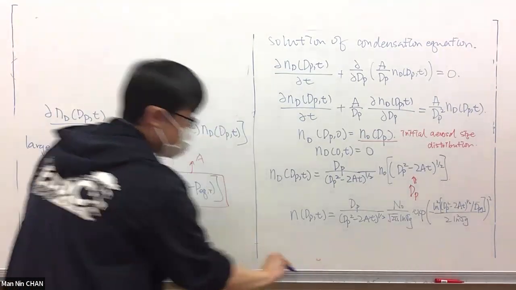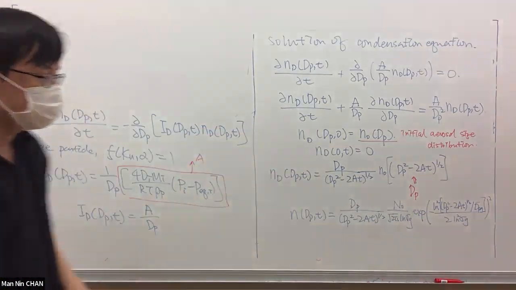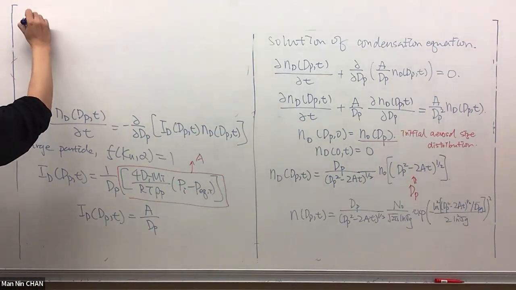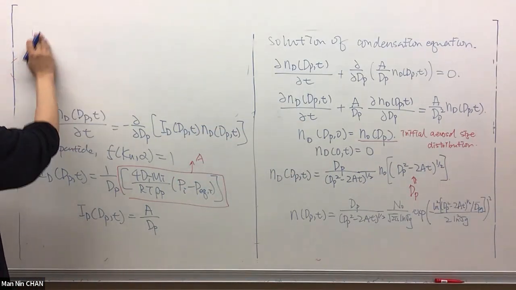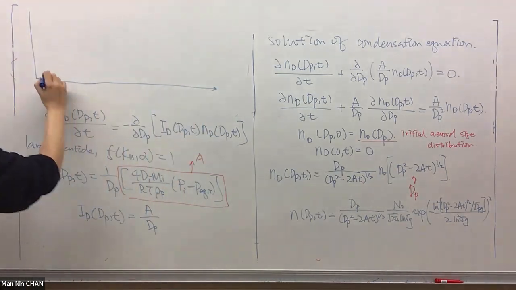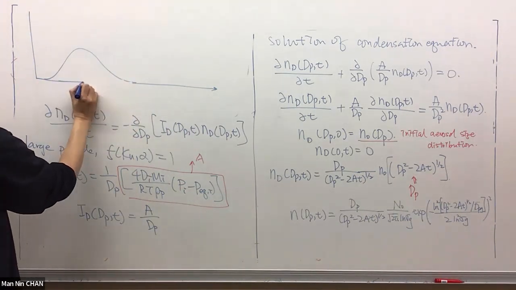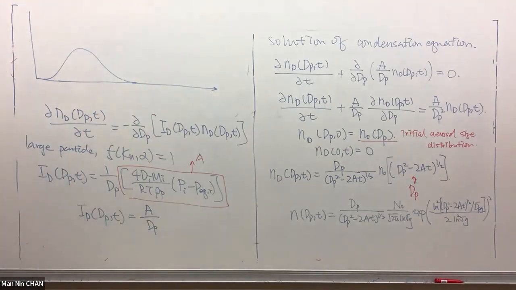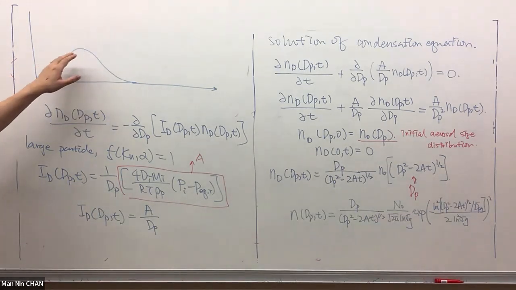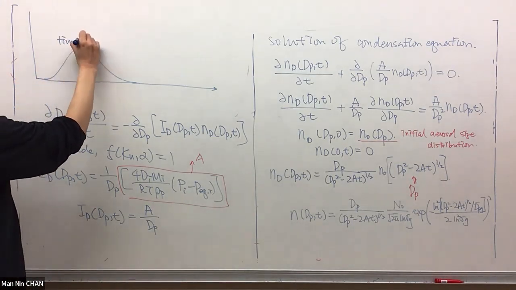I think the most important thing is, of course, you have some idea about the mathematical calculations. The more important thing is how the population will evolve. So the main idea is, say you have some population, initially a log normal distribution here, at time equal to 0.